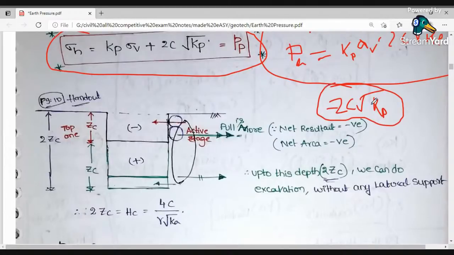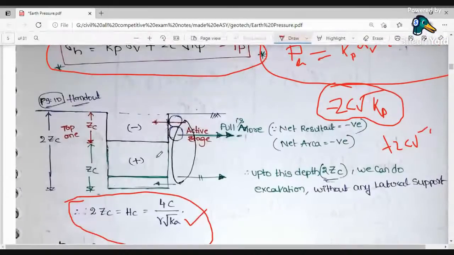That's why, if you consider that particular depth as twice of Zc, we can say that twice of Zc is nothing but the excavation without any lateral support, or the unsupported depth. Since this is a negative term, first the soil has to overcome this negative force.